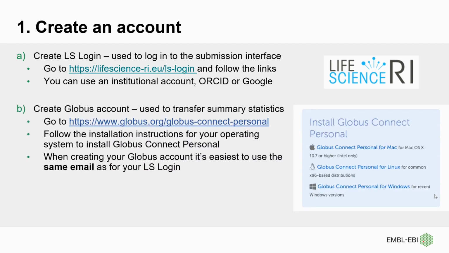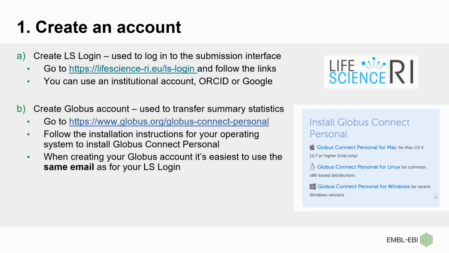And you then need to create a GWAS account. So GWAS is a tool that's used to transfer large files. So you can go to this URL and follow the installation instructions for your operating system to install GWAS Connect Personal on your computer. And during that installation process, you will also create a GWAS account.